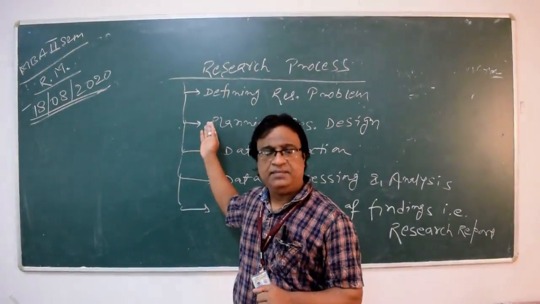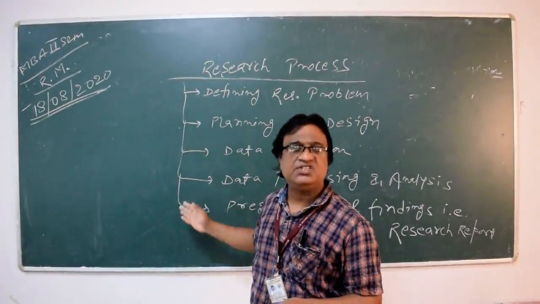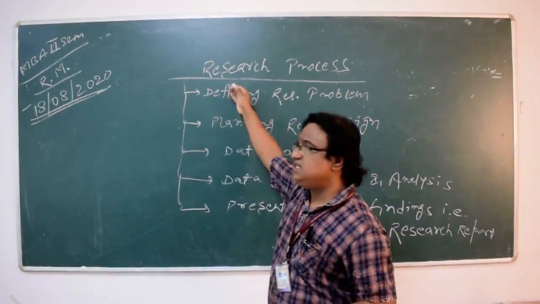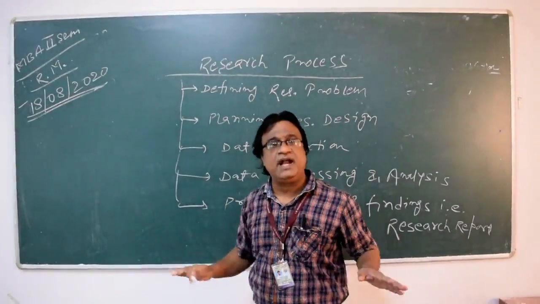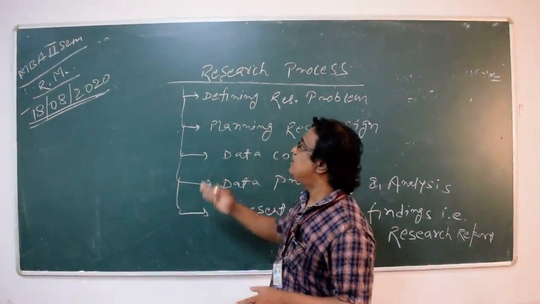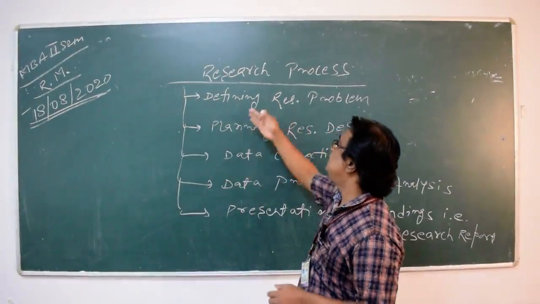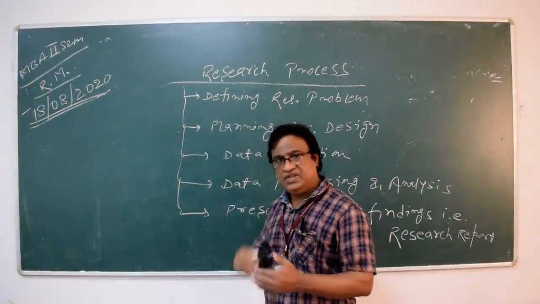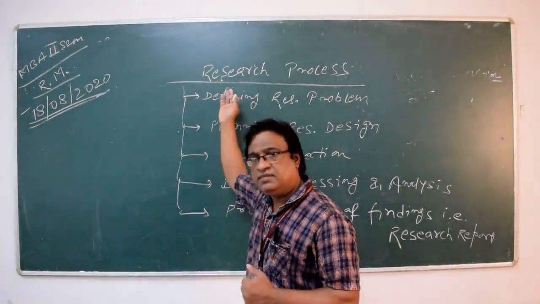As we can better look at the board, the 5 distinctive steps are mentioned in a very systematic fashion. As we look at the first step, defining the research problem, we start our research journey from this step.